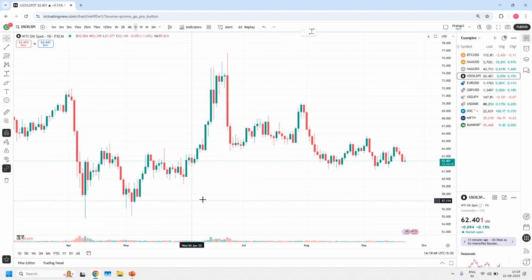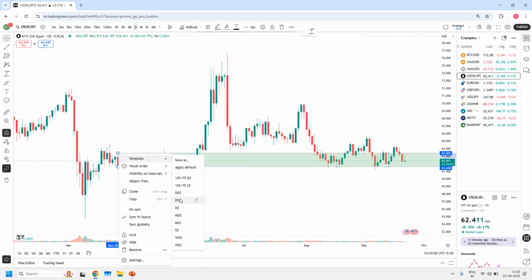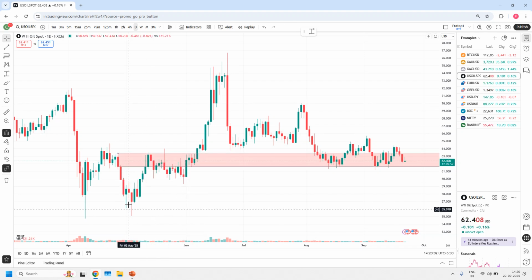Okay, from the downtrend, what happened? Here you have a drop, base, drop. You have a supply zone here. And by violating this supply zone, definitely we can say the trend is now changed to sideways.